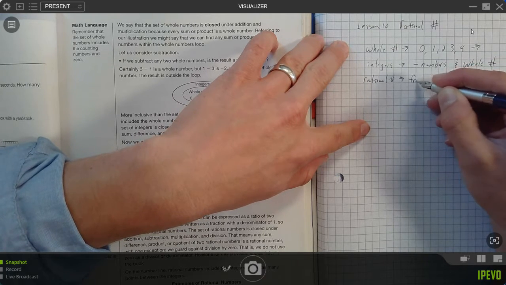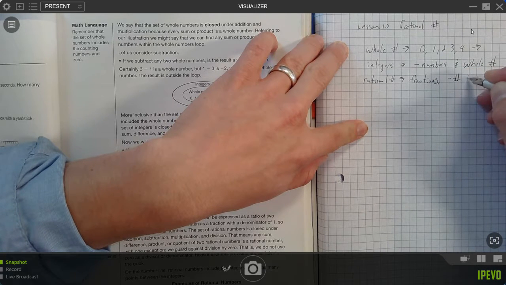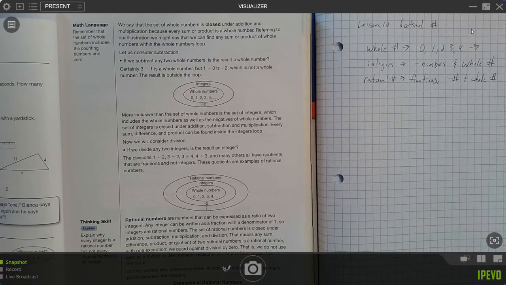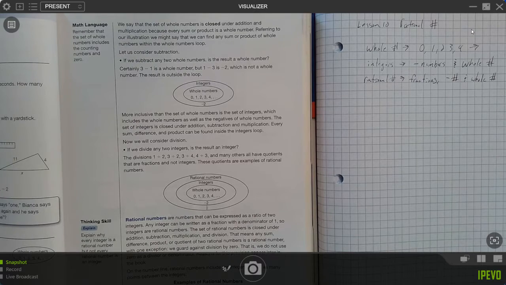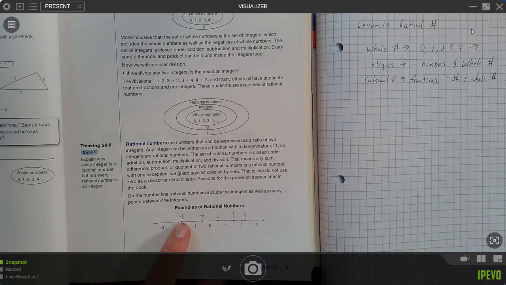So fractions, negative numbers, and whole numbers. Now, I want to check something real quick because I'm pretty sure. So I think rational numbers can be a fraction. So this says 5/3 here. Now, negative 5/3, in fact, is a rational number.